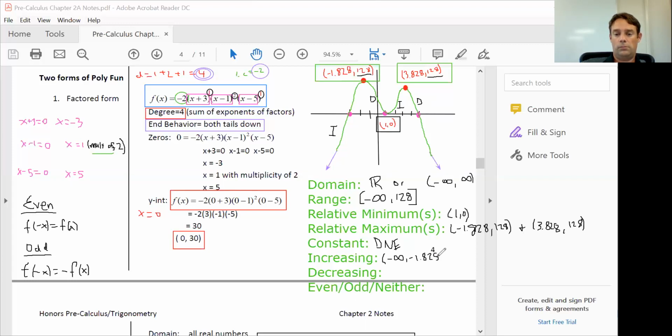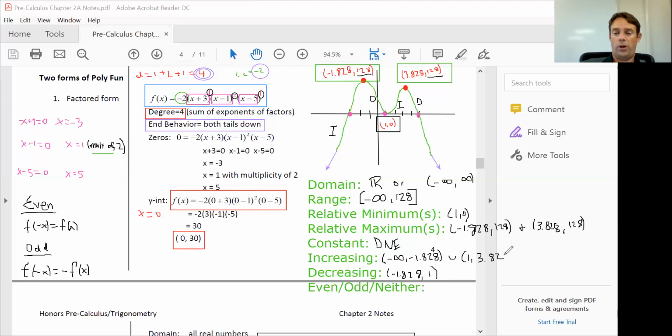Decreasing, from negative 1.828 all the way down to 1. Again, these are all parentheses. And then I have another one. I'm increasing from 1 to 3.828.